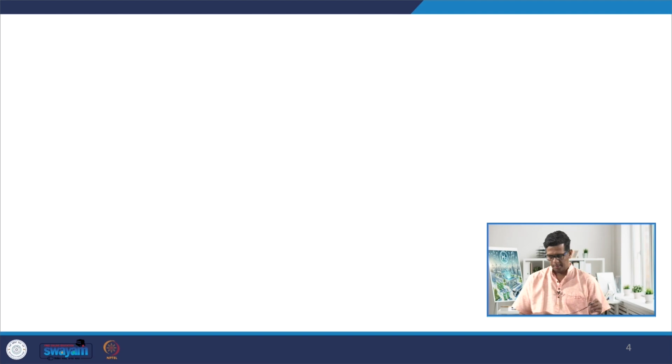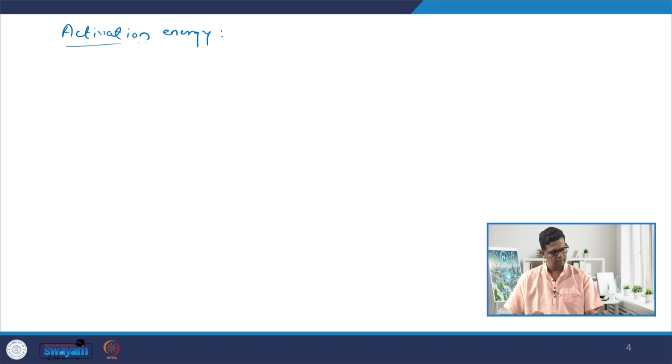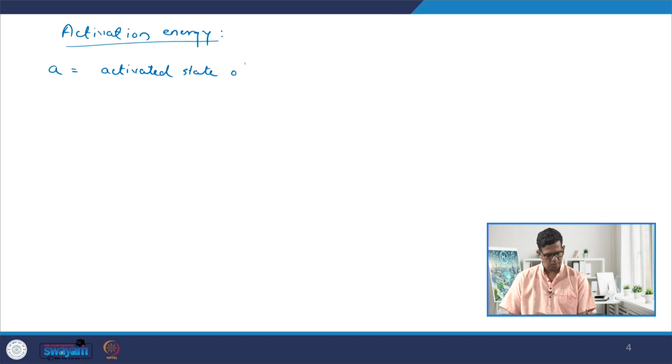So that is governed by probability. Let me write about the activation energy. For that, let us first define this activated state. So A is your activated state of the species. The species of our interest can be chemisorbed hydrogen or the proton, depending on which reaction we are interested in.